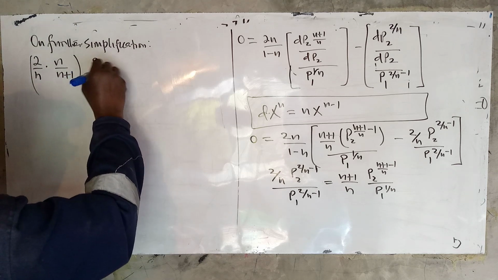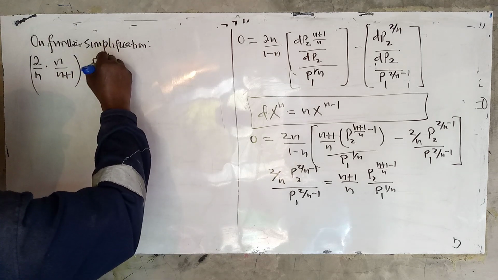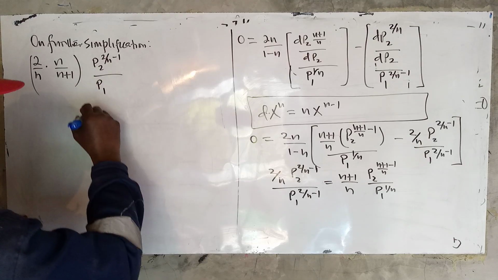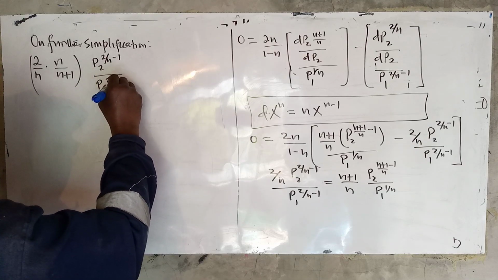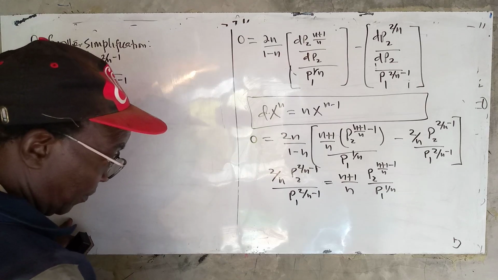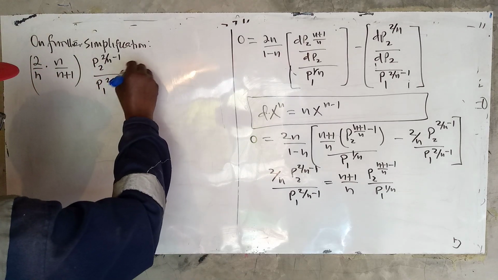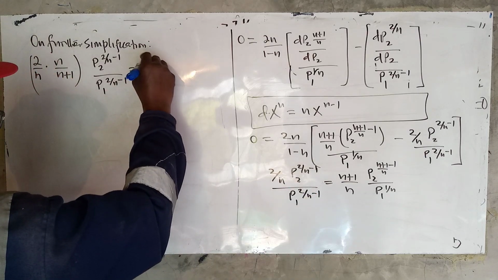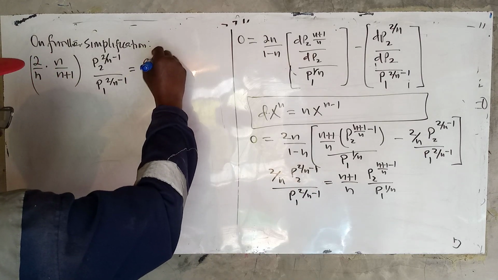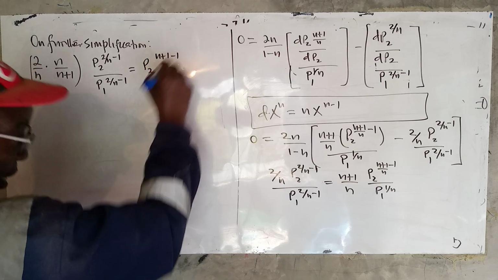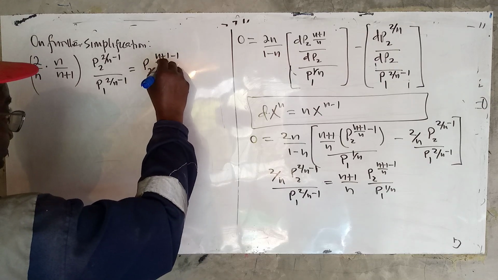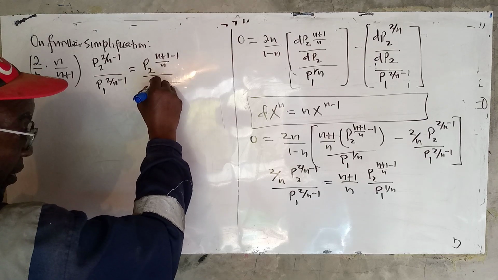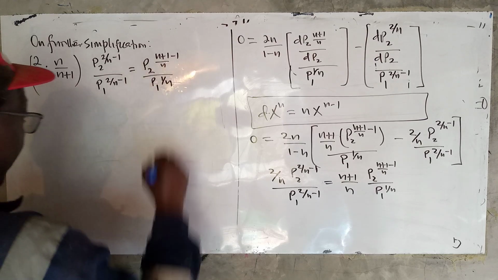P2, 2 over n minus 1 over P1, 2 over n minus 1 as being equal to P2, n plus 1 minus 1 over n over P1, 1 over n.